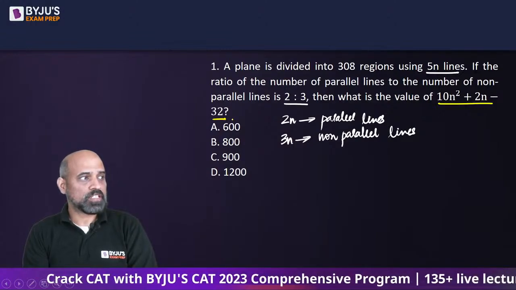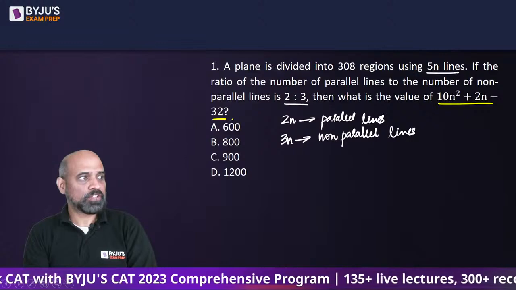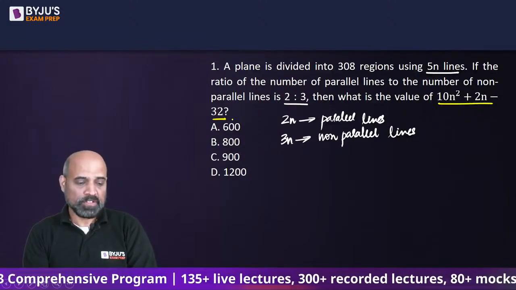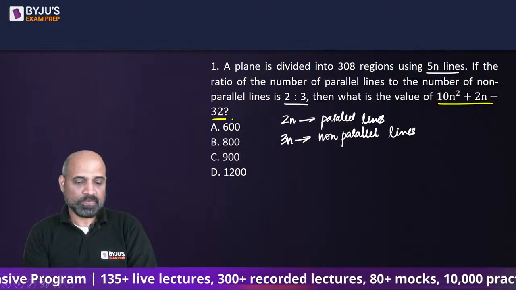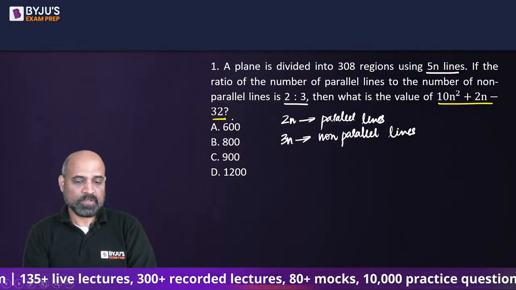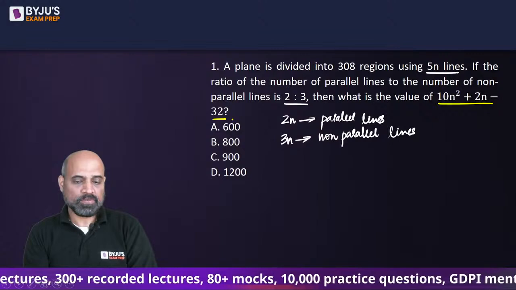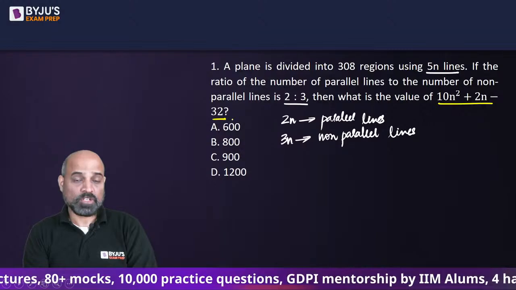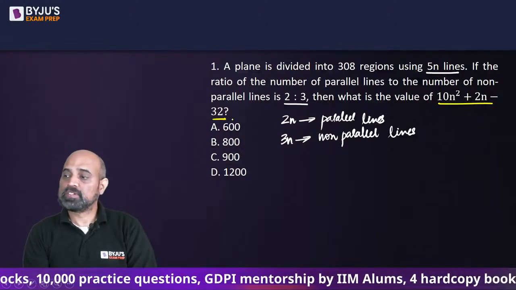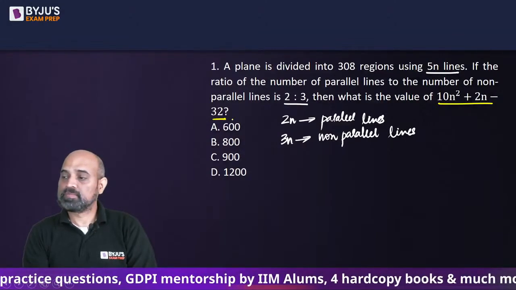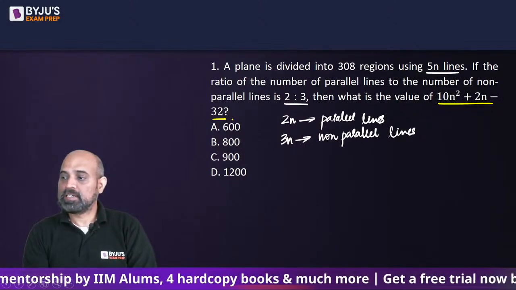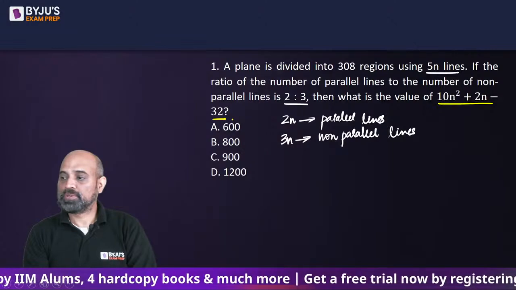So the sum is minus 1 by 5 and product is 8 by 5. Sorry, 16 by 5. 16, 8 and 4.